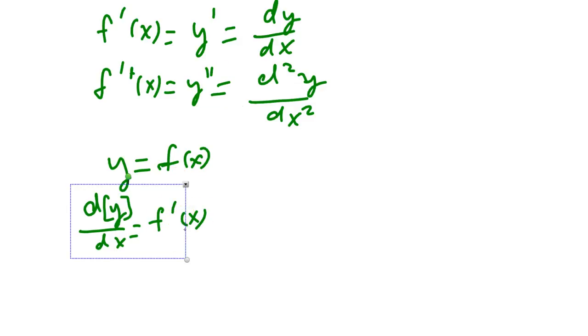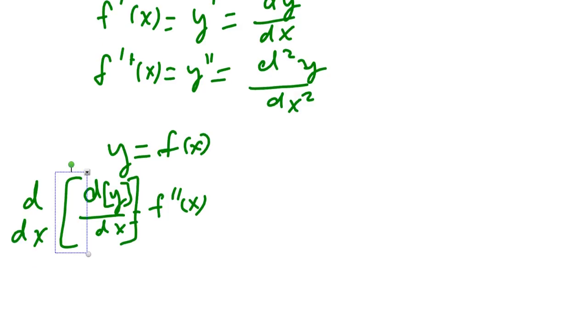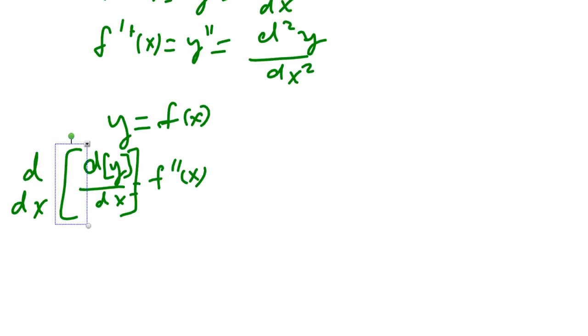Well, what if I wanted to take the second derivative of this? Wouldn't I take the derivative of this guy? So wouldn't this be the derivative of this function with respect to x times the derivative of f prime of x, which would just be another prime? Again, this isn't really what's going on. These aren't really operators such as squaring or whatnot.